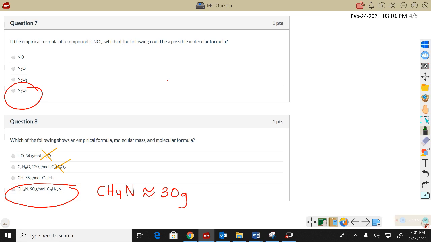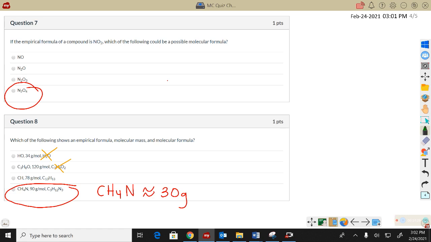Which is kind of similar to question 8. Which of the following shows an empirical formula, a molecular mass, and a molecular formula? Well, number 1, the first 2 choices aren't even proper empirical and molecular formulas. If I have an empirical formula of HO, then the molecular formula needs to be some larger version of a 1-to-1 ratio.